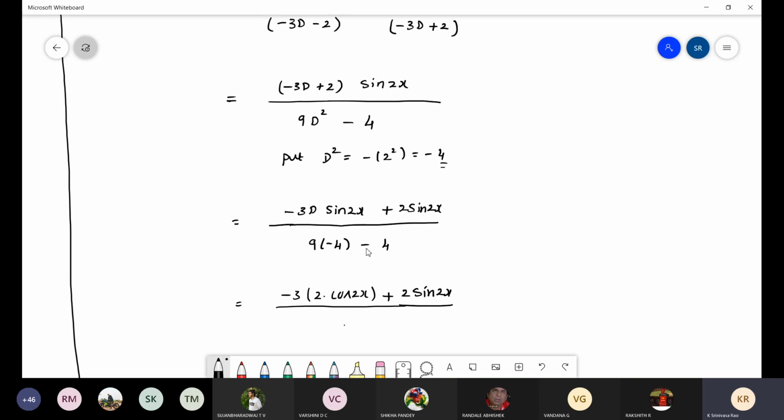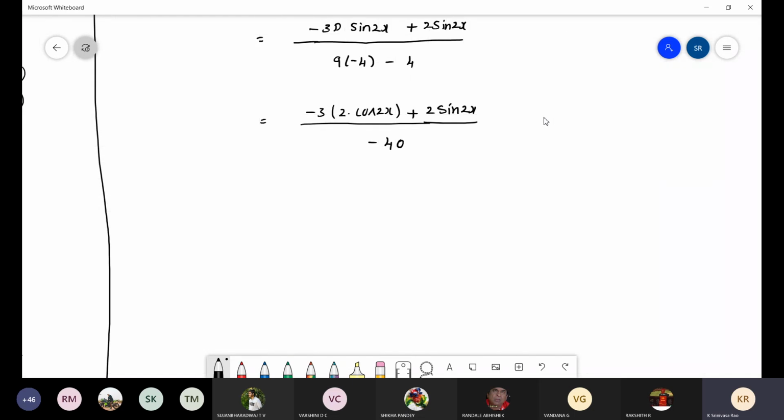Minus 36 minus 4 is minus 40. And finally yp equals minus 6 cos 2x plus 2 times sin 2x divided by minus 40. Let it be. Therefore, y equals yc plus yp. This is the final answer.